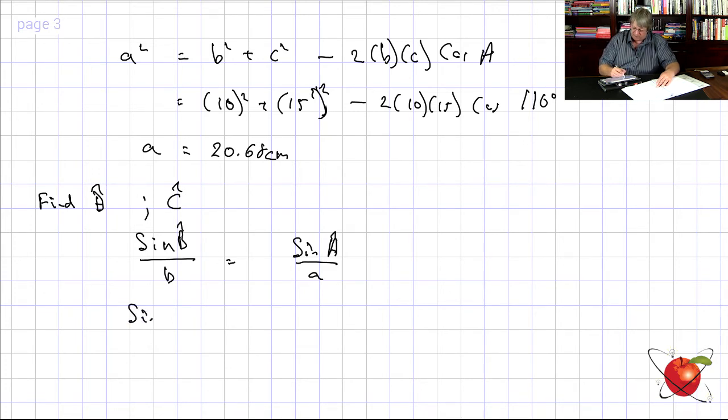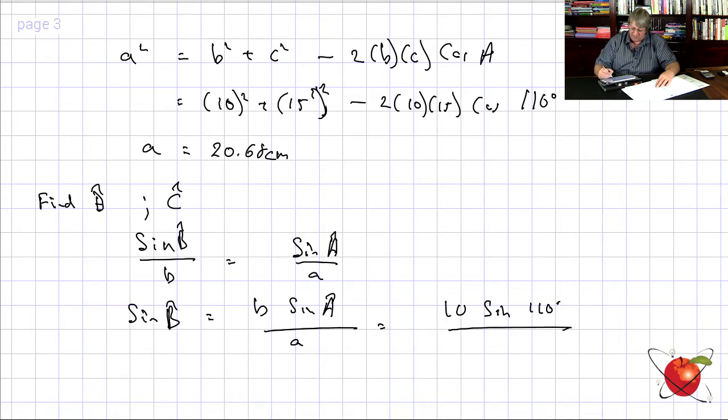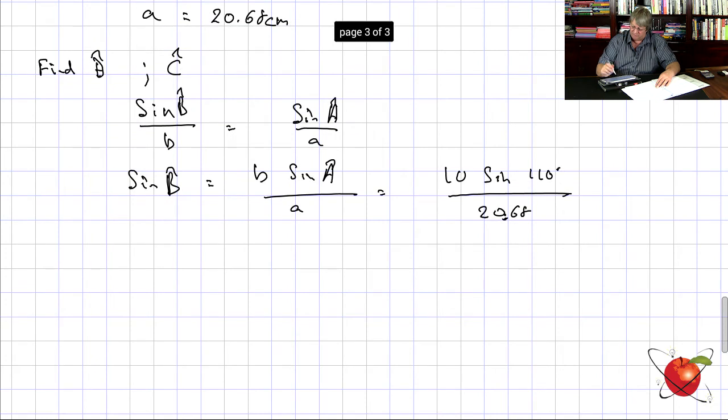So therefore, sine B is going to be equal to b sine A over a, which is 10 sine 110 over 20.68, which is what we just worked out above. That leaves us with 0.4544. If you're not using automatic answer, always go to 4 decimal places. Therefore, B is going to be equal to 27.03.